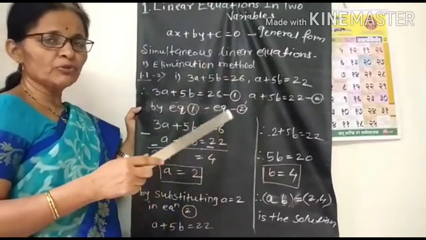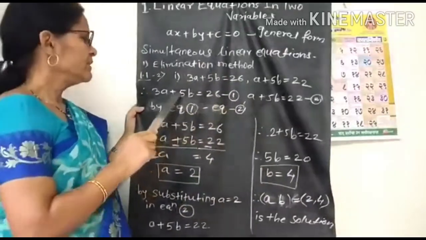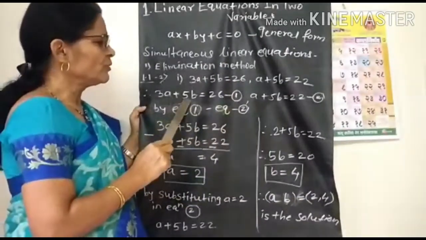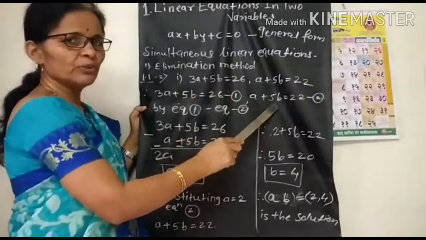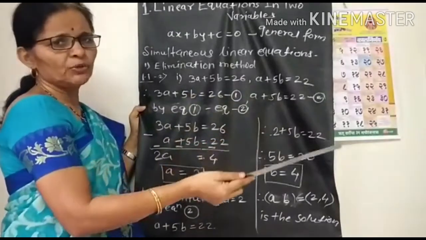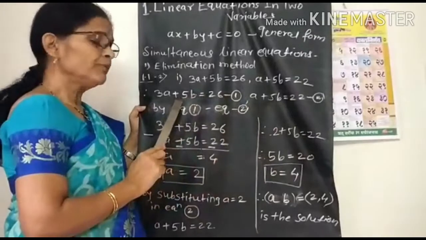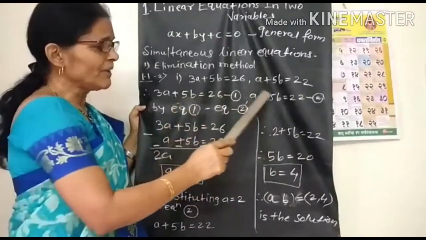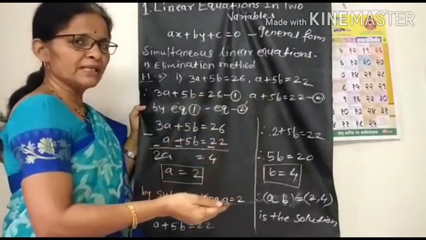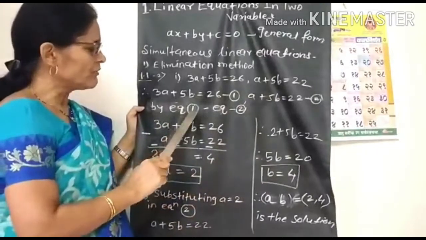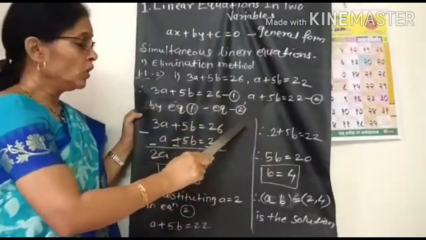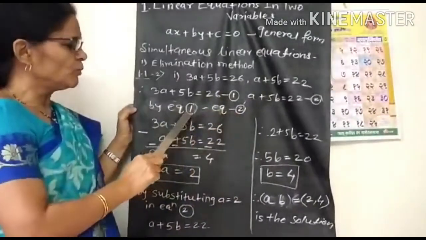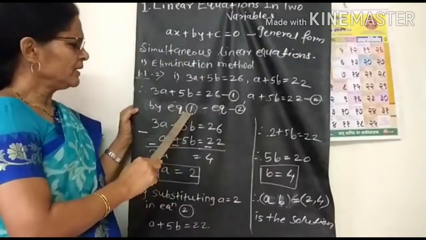For that purpose we have to think about their signs. Here plus 5b, here also plus 5b. If we add them, then you will get 10b. And if we subtract them, 5b minus 5b will be cancelled. So by equation 1 minus equation 2, or subtracting equation 2 from equation 1, you can write.